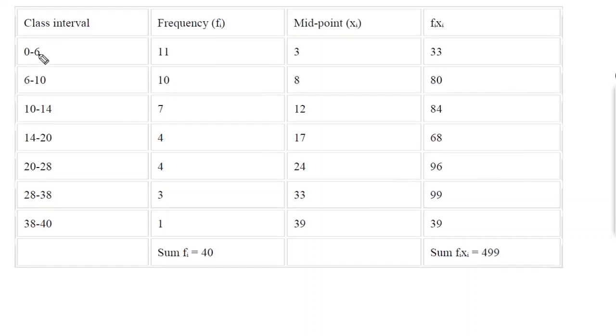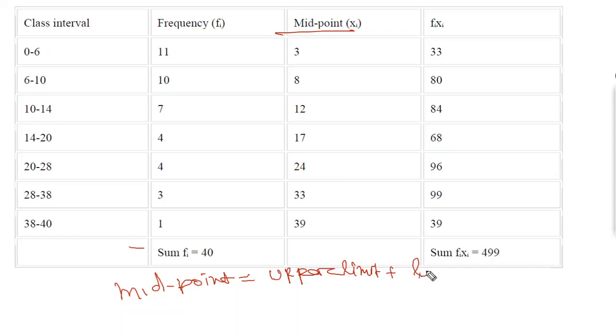Class intervals 0 to 6, 6 to 10, 10 to 14 are given to us. Frequency is given to us, we will just write the frequency. Then we will find the midpoint. Always write midpoint equal to upper limit plus lower limit divided by 2.